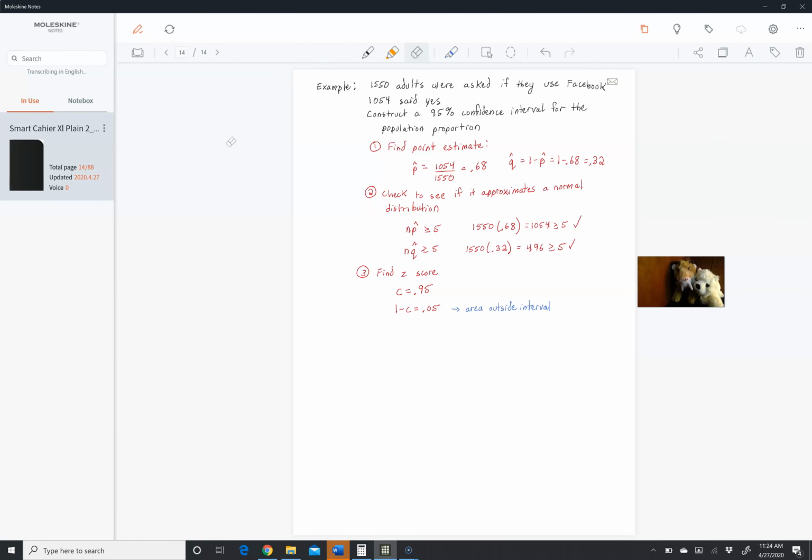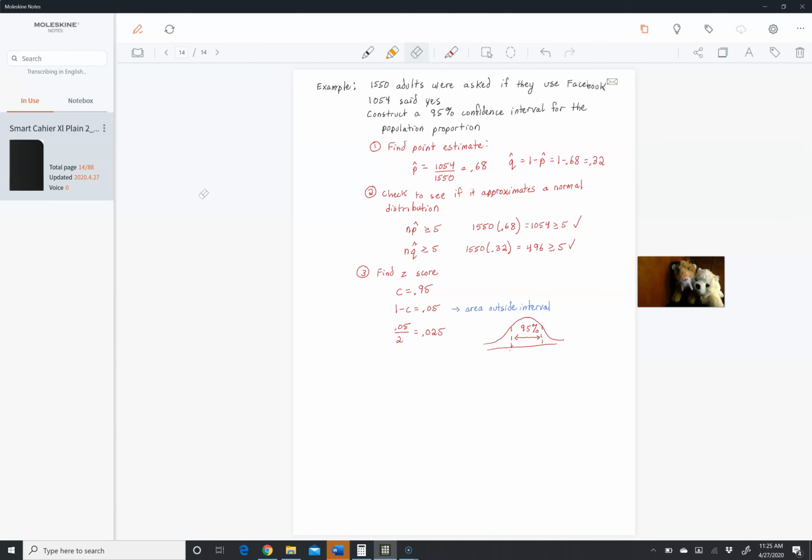We take that 1 minus C and divide by 2, which gives 0.025. I'll show you on the diagram again what we're looking at. From our normal distribution, here's our interval, and inside here is 95%.